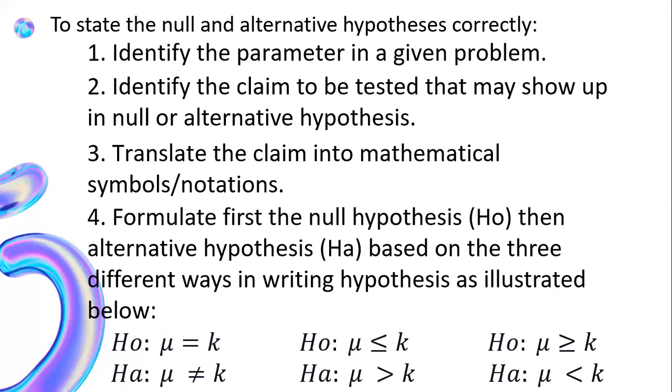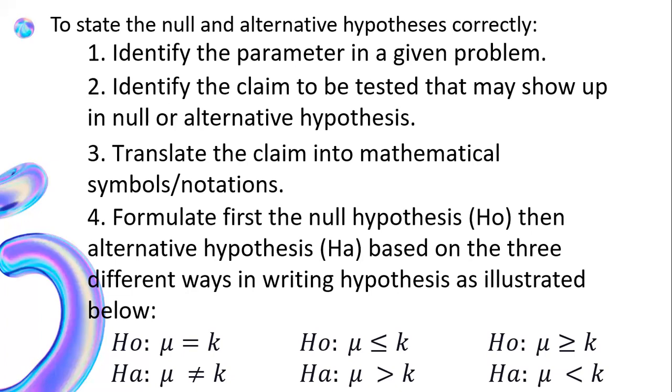Another way of stating the null and the alternative hypothesis is that H sub 0, the population mean, is less than or equal to k, meaning from that value or less, while for the alternative hypothesis, the population mean is greater than k.